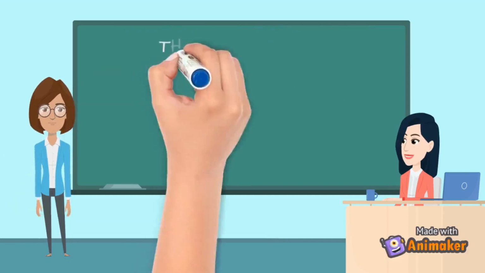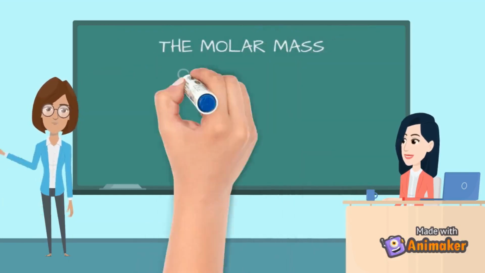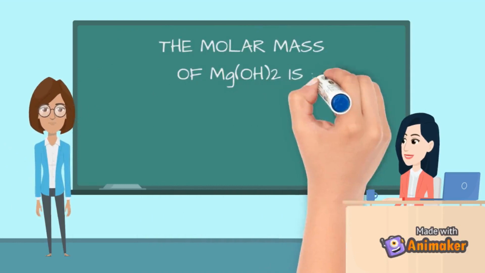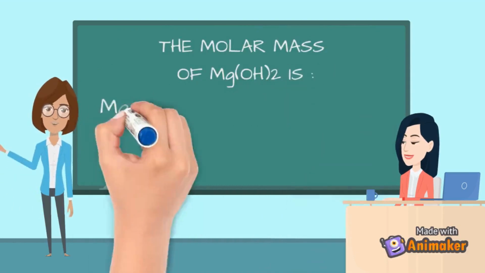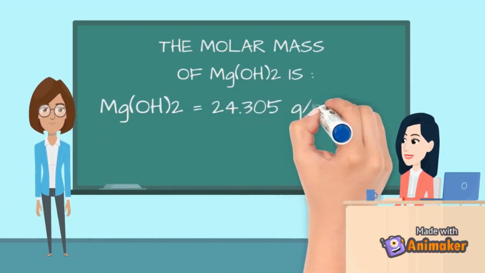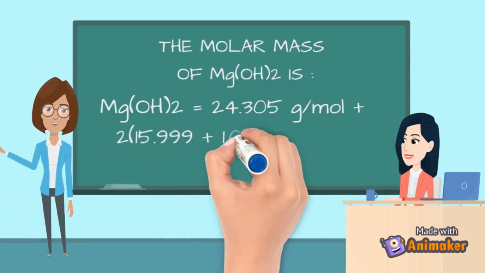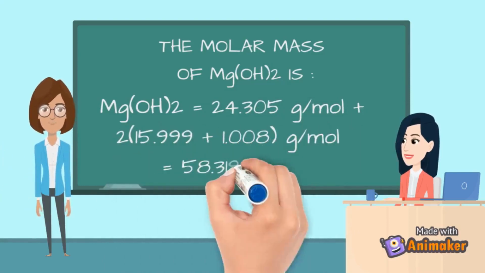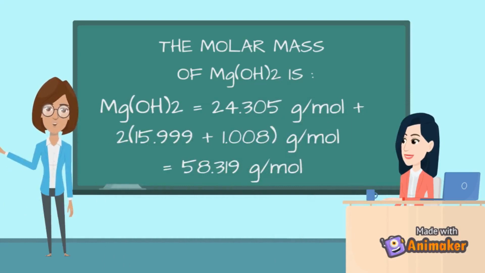Next, we need to calculate the molar mass of magnesium hydroxide Mg(OH)2. 24.305 g per mole plus 2 times the total of 15.999 plus 1.008 g per mole.